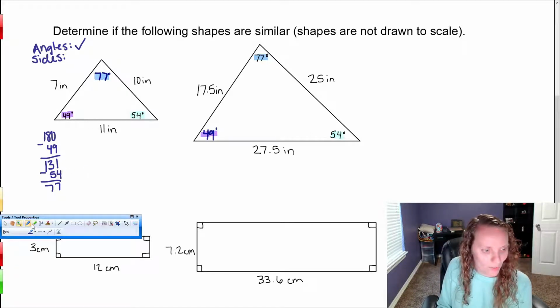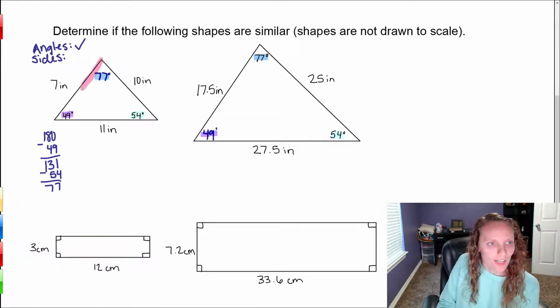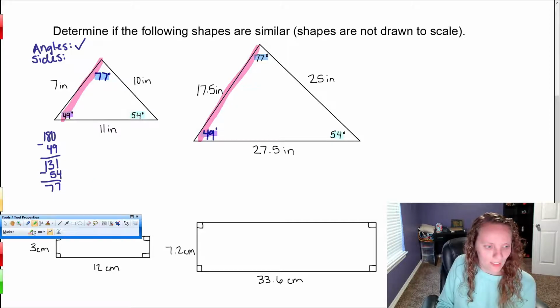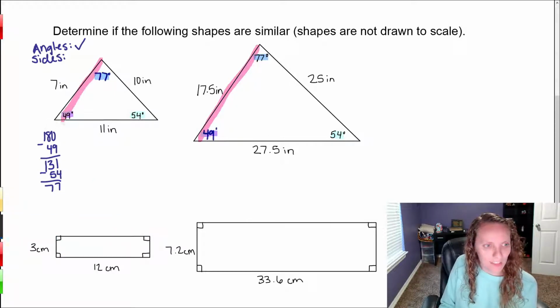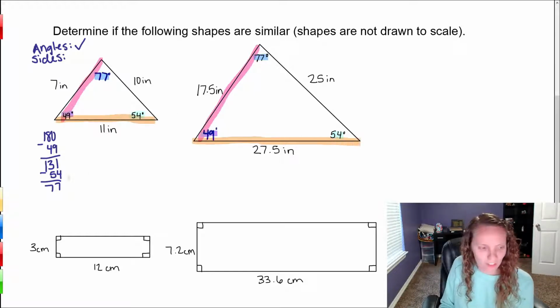Now just a review on corresponding sides, remember they are in the same position. So this side here is corresponding to this side here, and this bottom side here is corresponding to the bottom side here.